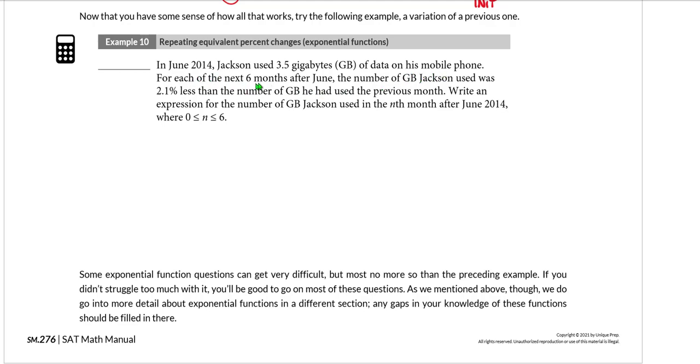For each of the next 6 months after June, the number of gigabytes Jackson used was 2.1% less than the number of gigs he had used the previous month. Write an expression for the number of gigabytes Jackson used in the nth month after June 2014.